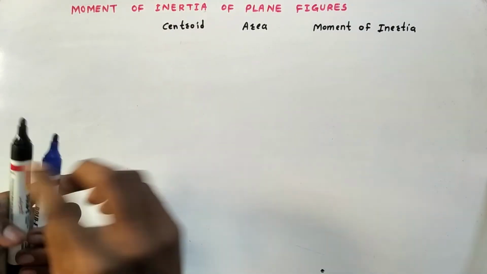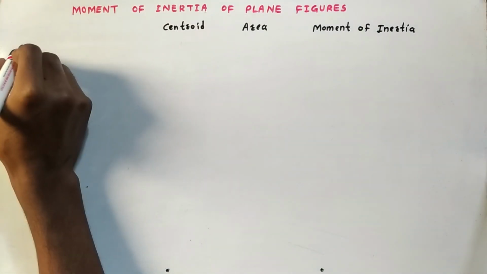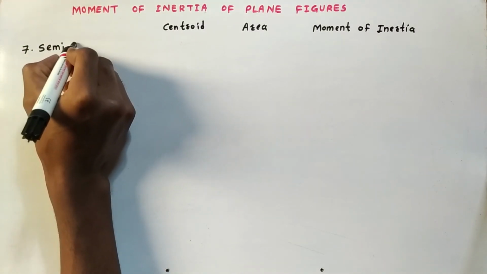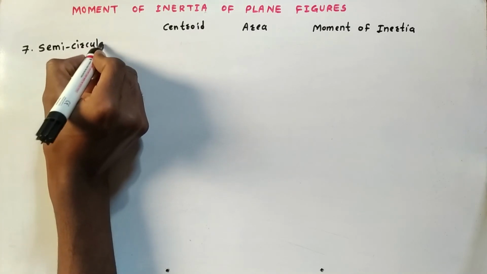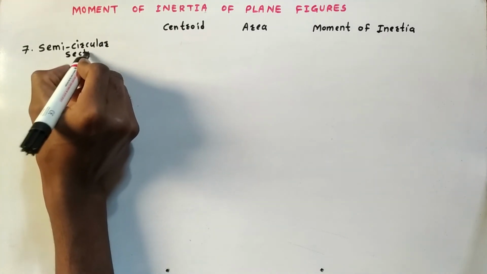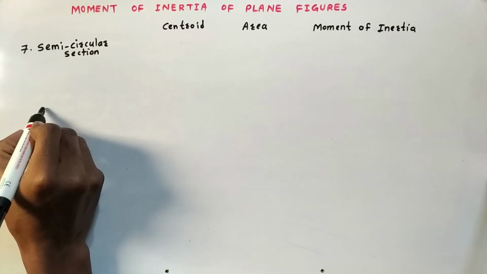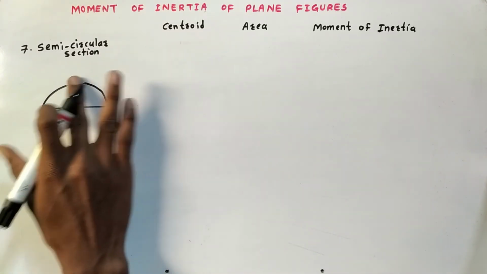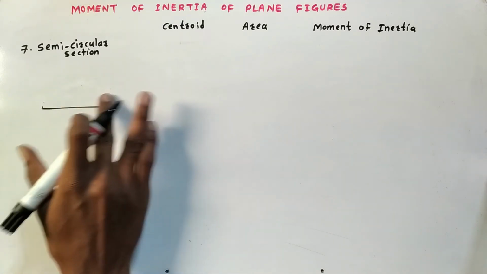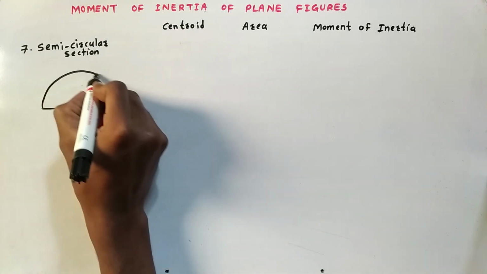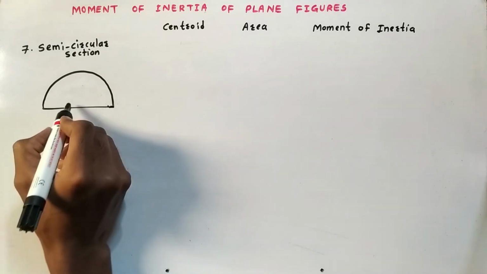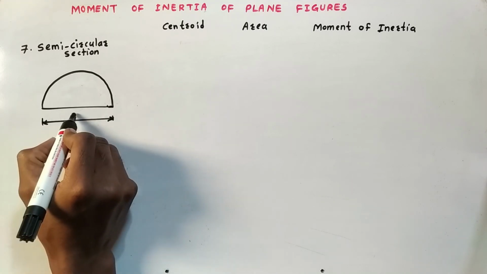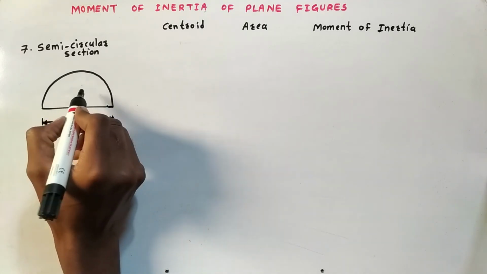Now see the seventh section, that is the semicircular section. So draw one hemisphere. This is a half circle, that is a semisphere or hemisphere. So diameter is d, radius r.